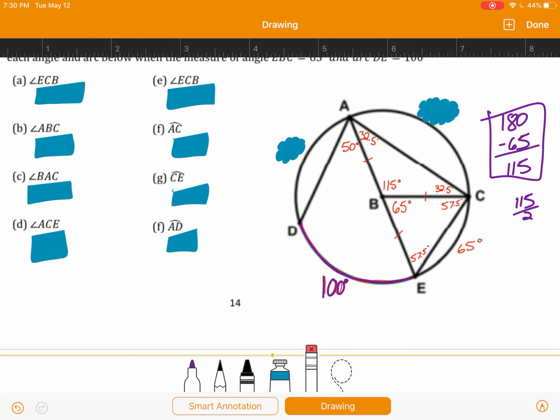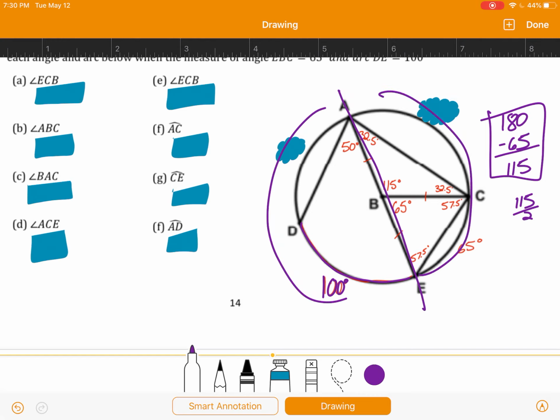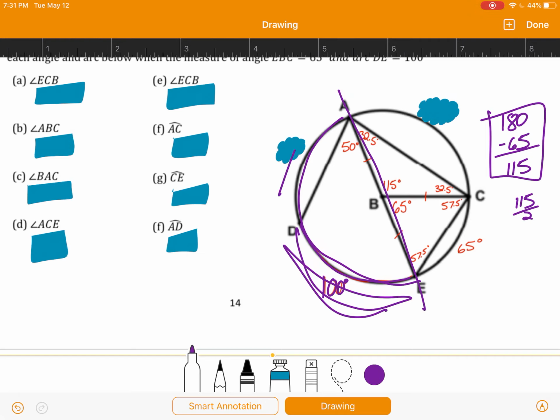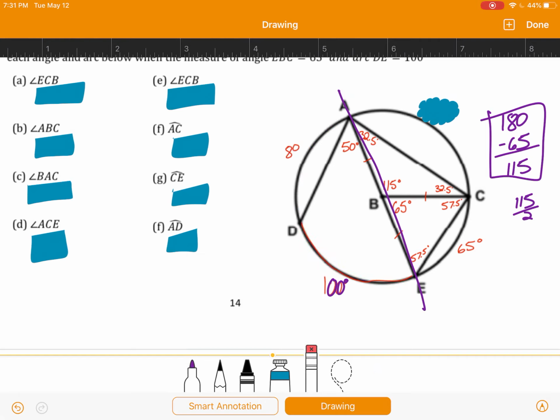And then also, it's important to note that the entire circle, all the way around the arcs, are going to add up to 360. So that means half of it, if we cut it in half, this half is 180, and that half is 180. So you can figure out the other 2 missing arcs just by subtracting. So if this whole piece is 180, and this piece is 100, that means this piece over here has got to be 80.